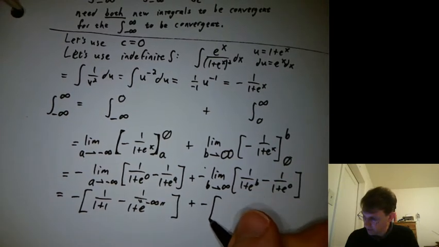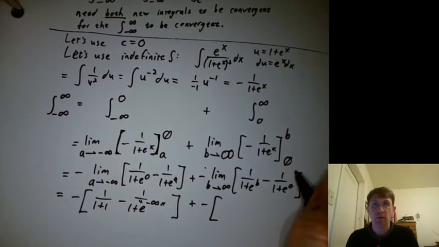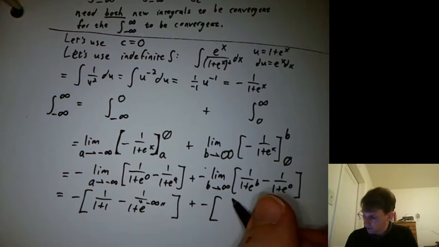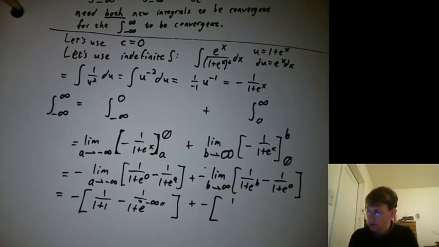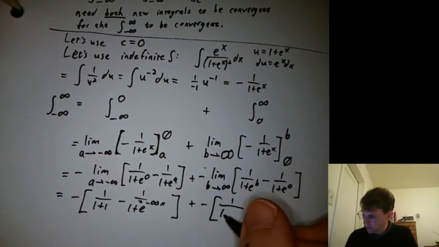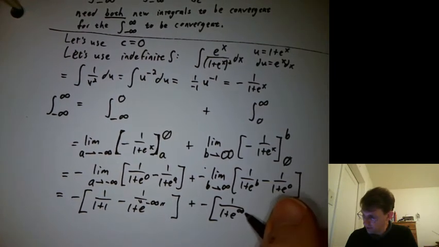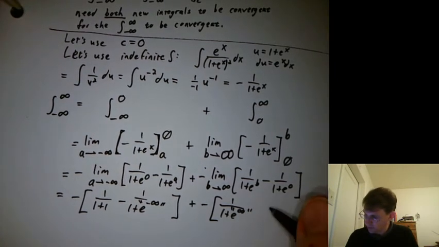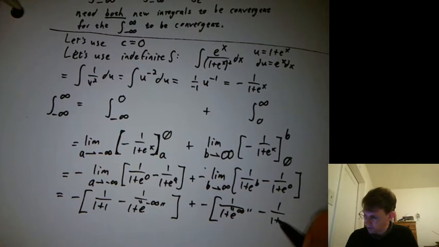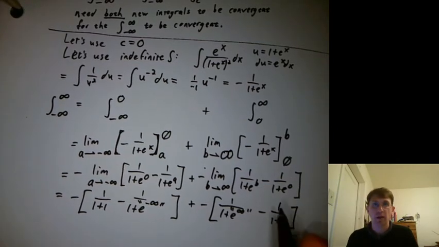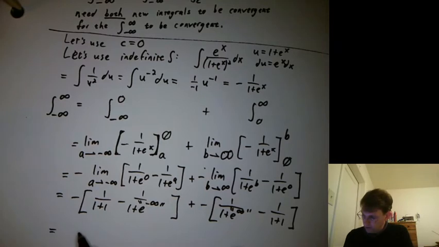And then this again is 1 over 1 plus 1. And plugging in the infinity, we'll get 1 plus e to the infinity, and put quote marks around that. And it's 1 over 1 plus 1.